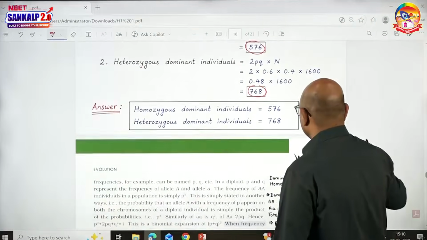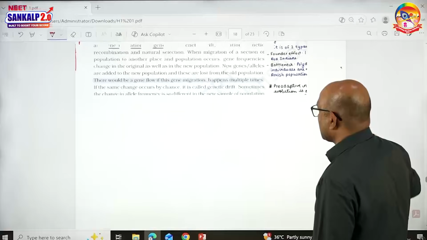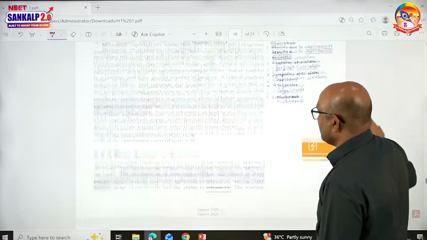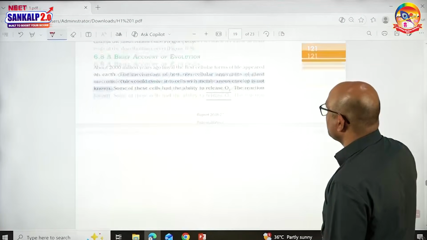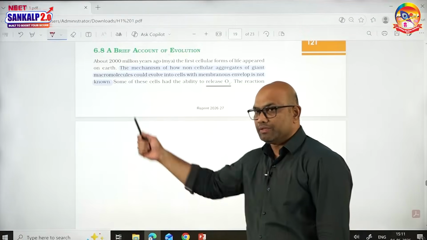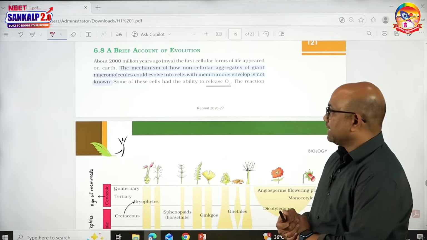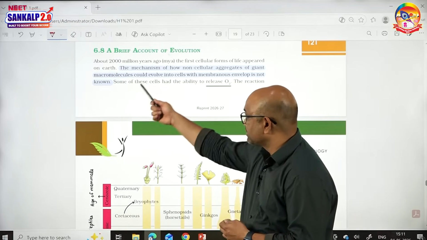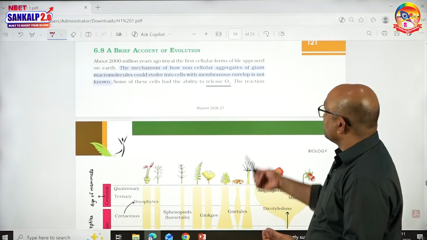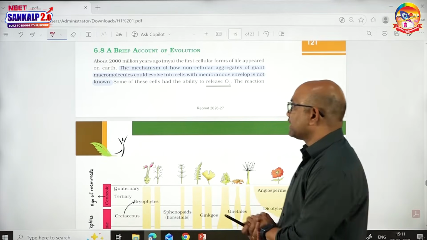Next. So after this, let us talk about a brief account of evolution. In the brief account of evolution, we have already discussed this. Around 2000 million years ago, first cellular forms of life appeared on earth, and the mechanism how non-cellular aggregates could evolve into cellular forms is not clear.